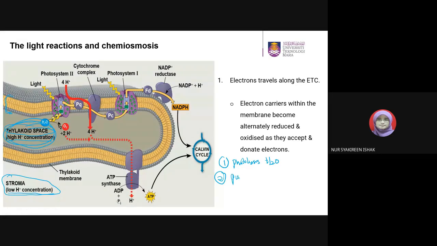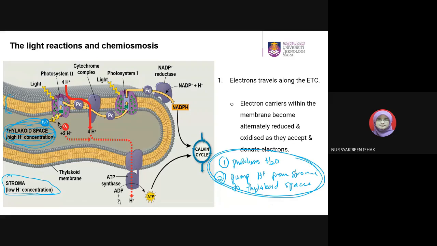Okay, pump hydrogen ion from stroma to the thylakoid space. Okay, so those are the two sources. Okay, these are the two sources that cause thylakoid space to have a very high concentration of hydrogen ion.